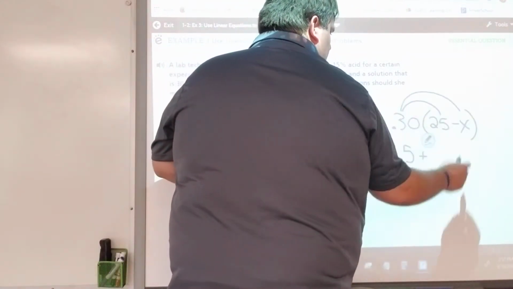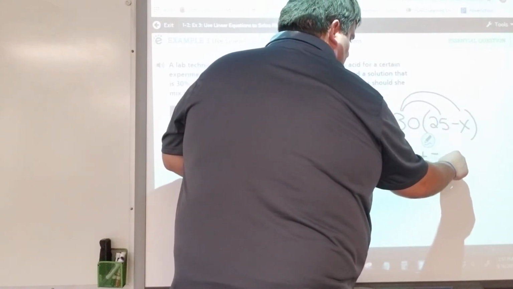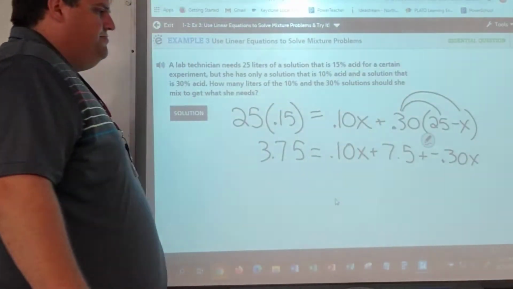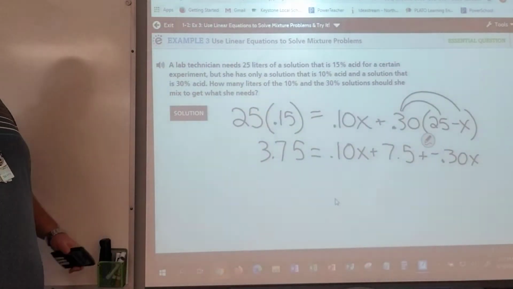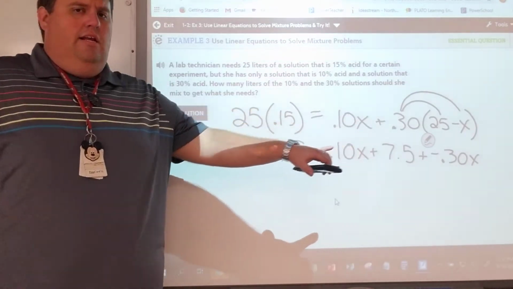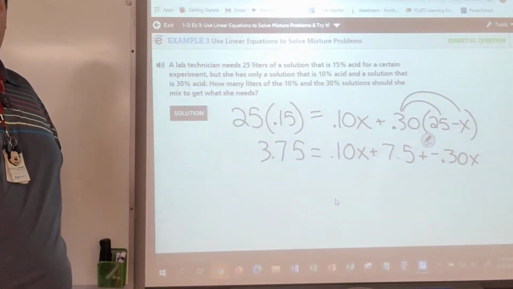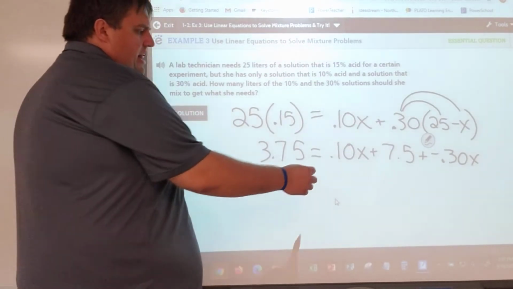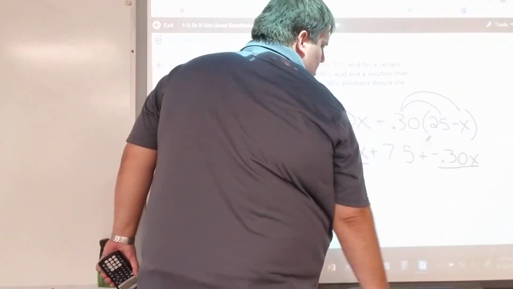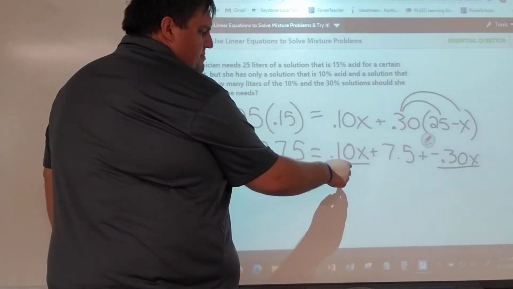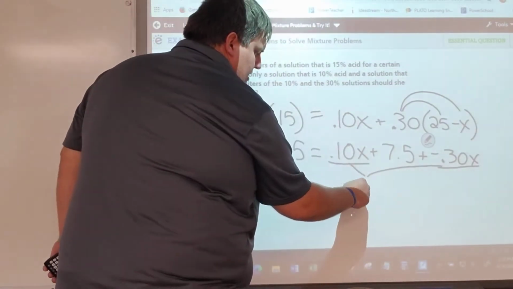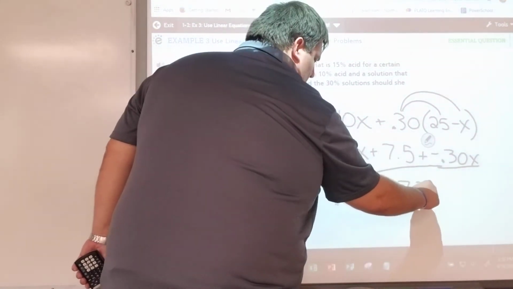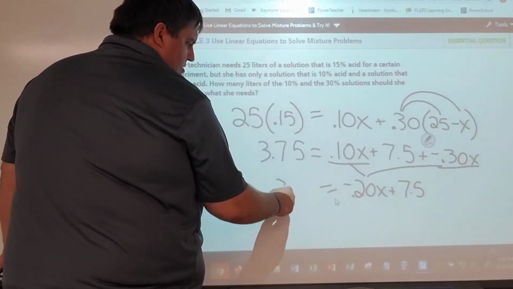And 0.30 times x is going to be negative 0.30x. So far all we did was distribute on the right side and multiply over here. From there, here are some like terms. Negative 0.30x plus 0.10x is going to be negative 0.20x plus 7.5 equals 3.75.